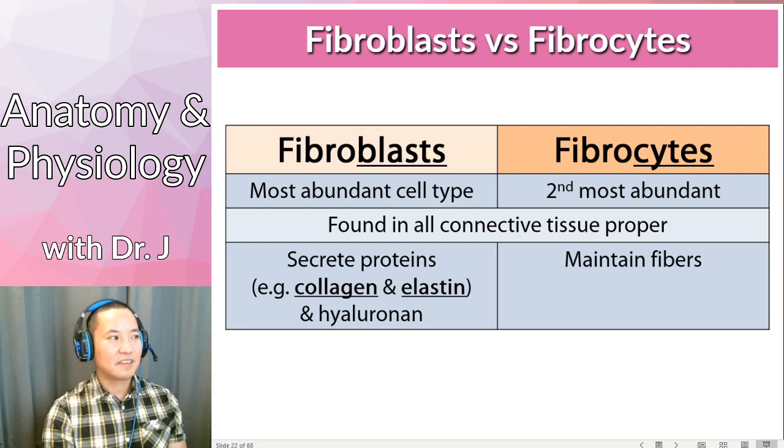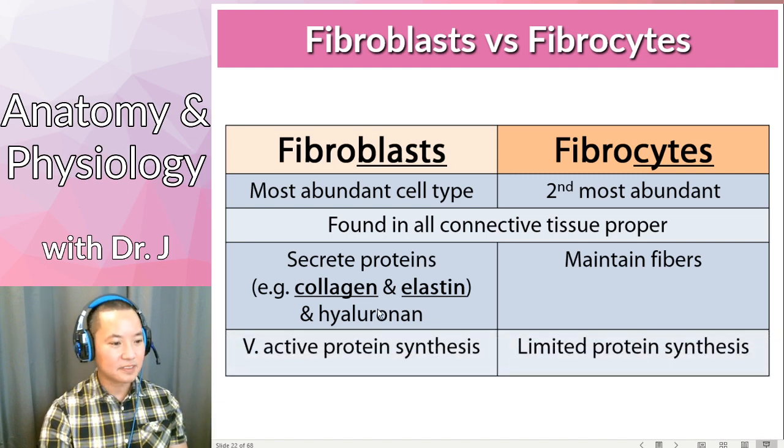So it's kind of like having a young construction worker who's doing all the heavy lifting, and then a more retired or senior one who's just maintaining, making sure things are repaired, and instead of building new stuff, they're just maintaining existing structures. So that's the big difference between fibroblasts and fibrocytes. They both are involved in maintaining the connective tissue solid protein fibers, but the blasts are the ones that make new protein fibers, whereas the cytes are more about maintenance.